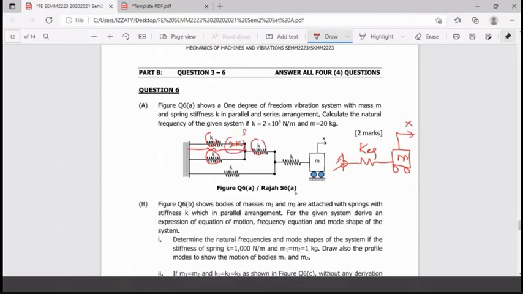Use series, which is 1 by 2K plus 1 by K. This one is not very difficult. You have K and 2K, 3K by 2.